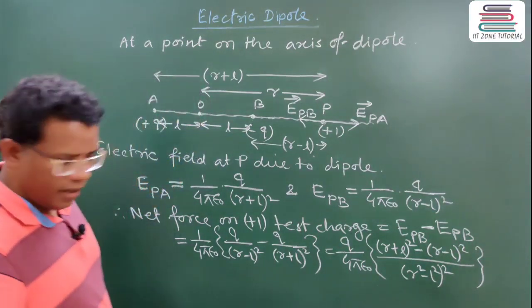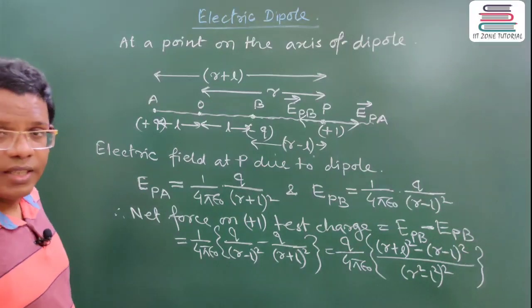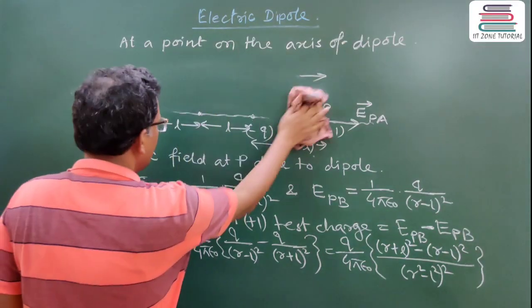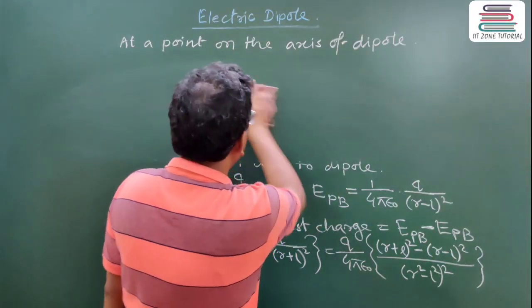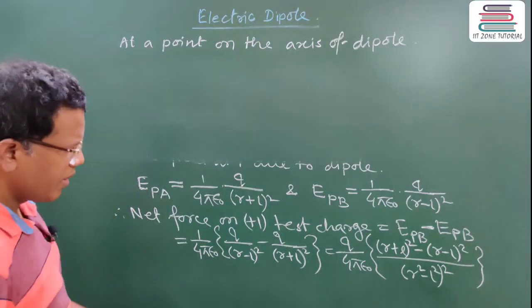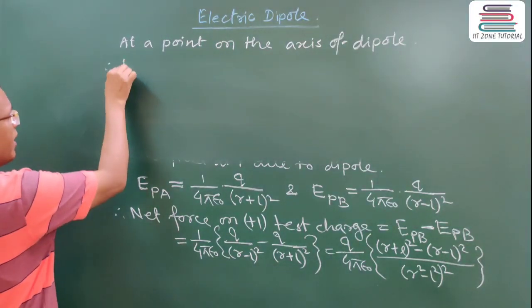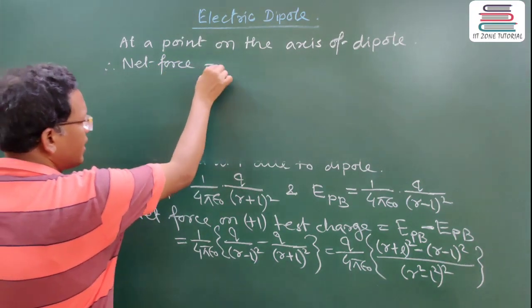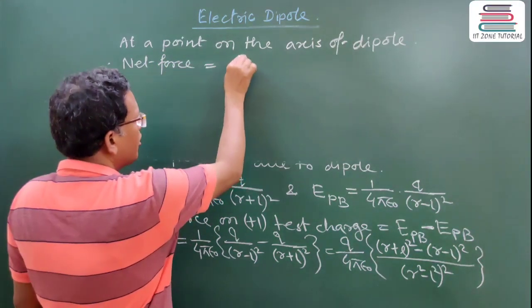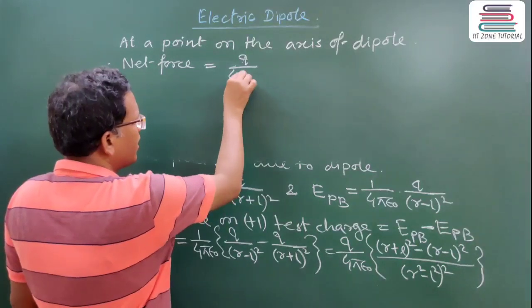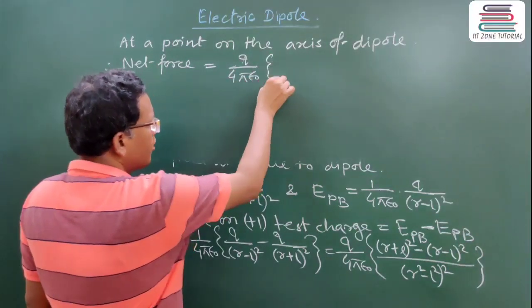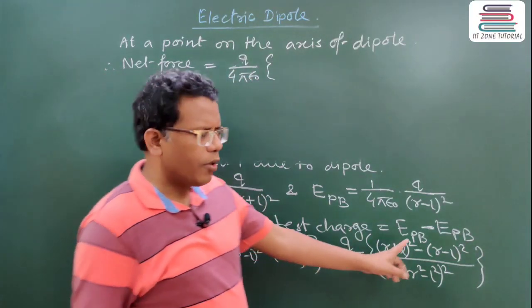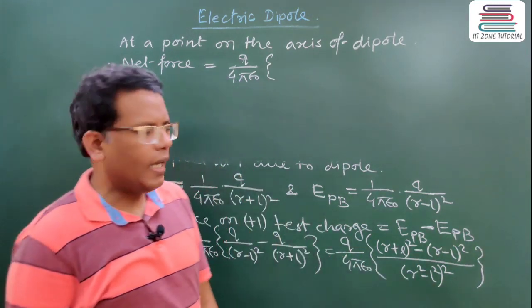So if we simplify the numerator part of the expression, then the net force can be written as Q by 4 pi epsilon naught. In the numerator you can see it is (A plus B) whole square minus (A minus B) whole square.